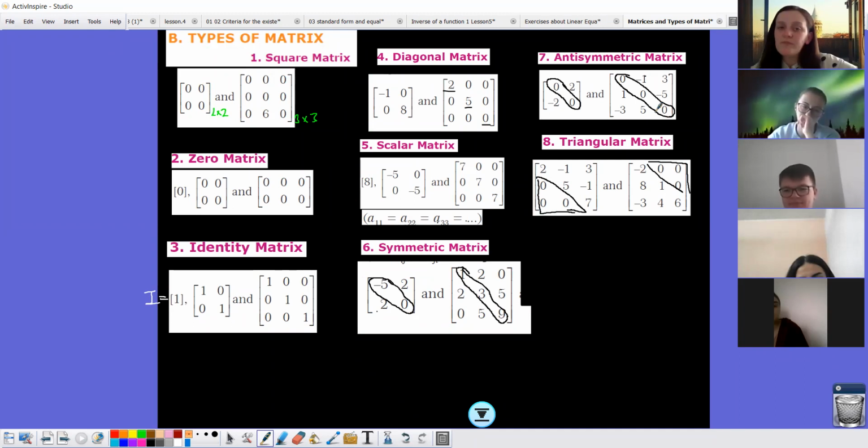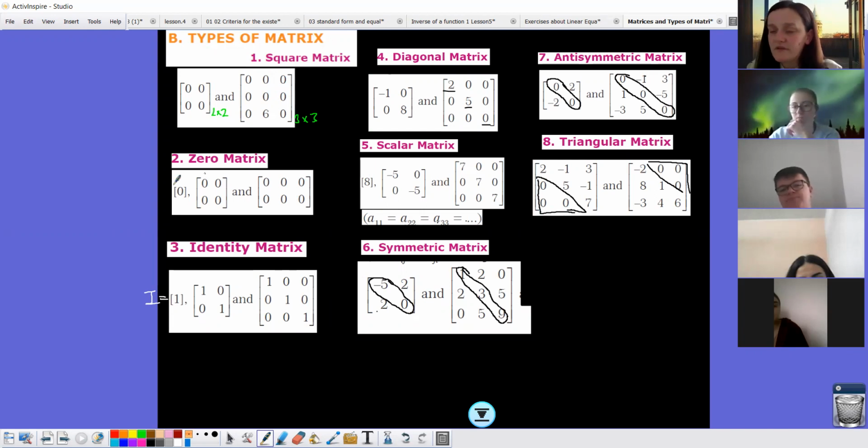For now, the important part is when you say square matrix, the number of rows and columns are the same, and the identity matrix we'll use really often, where the diagonal entries are 1 and the others are 0. The other ones you will not see very often, but you need to know the names, at least, to see them once.